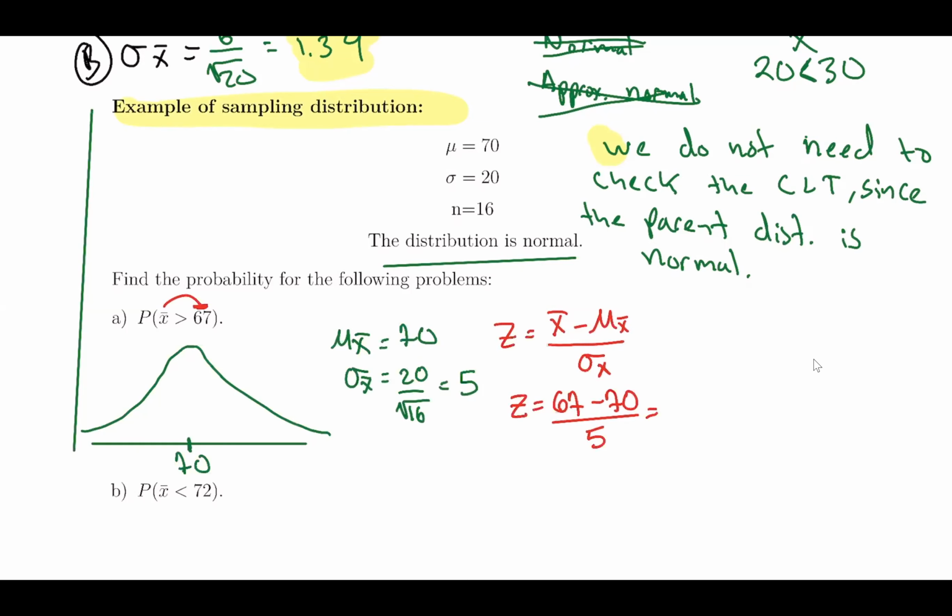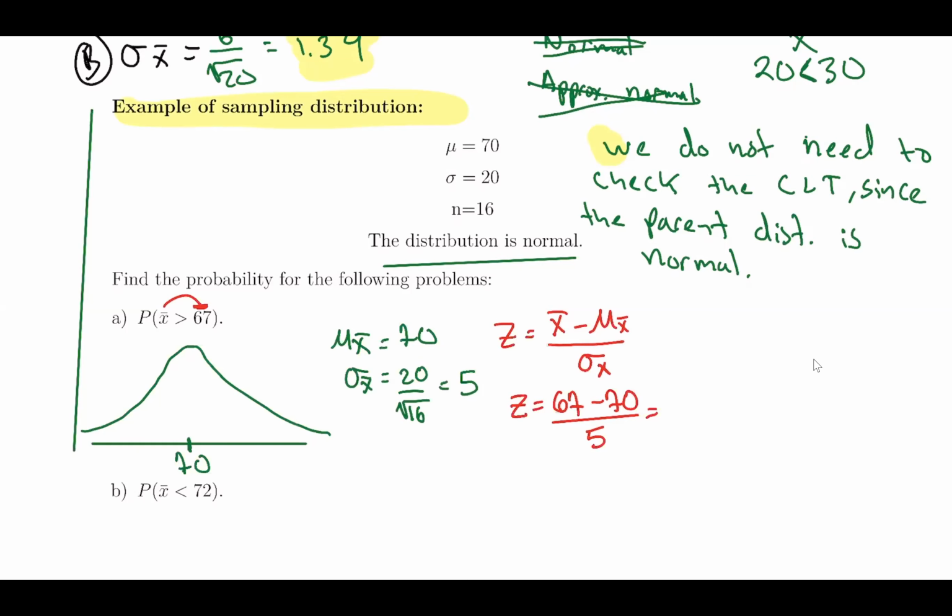Everybody get, I got 67 minus 70 divided by 5. Okay, so if I do 67 minus 70, what would I get? Let's check that again. I think you might have hit 5 instead of negative. So if I do 67 minus 70, what do I get?